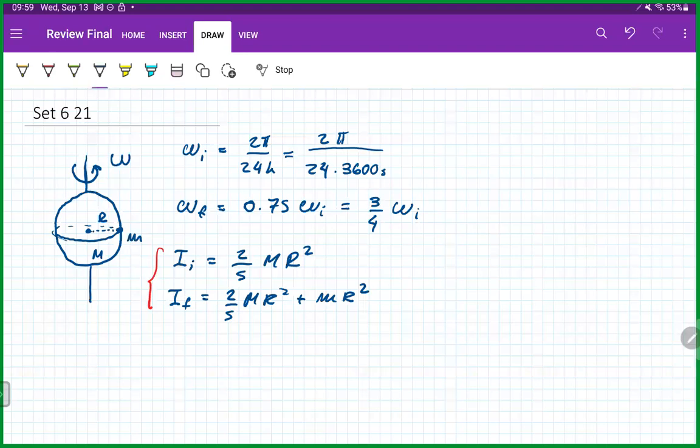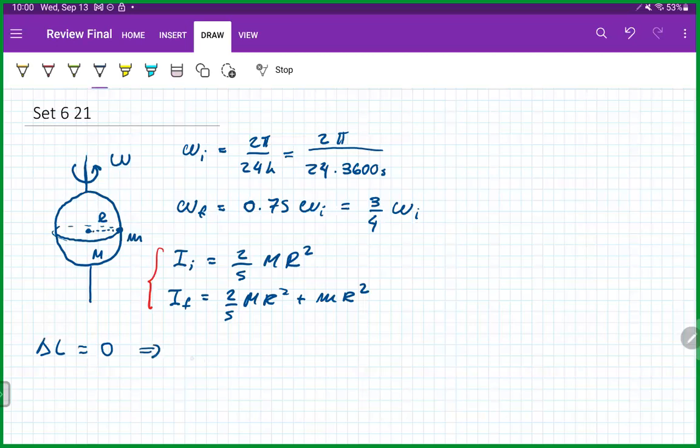And the big physical consideration that we must apply here is that there are no external torques, right? There are no additional interactions with the system. So we can say that the variation of the angular momentum equals 0.